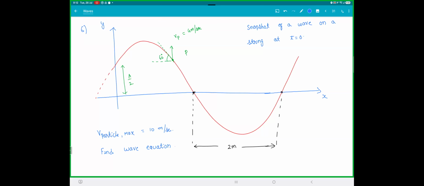In case you're confused, what you need to find, the wave equation will be like this: y is equal to A sin(kx plus or minus omega t plus phi). So you need to find y mean is 0. You need to find the value of A, the value of k, whether it is plus or minus omega, the value of omega and the value of phi. If you can find these 5 values, your job's done.